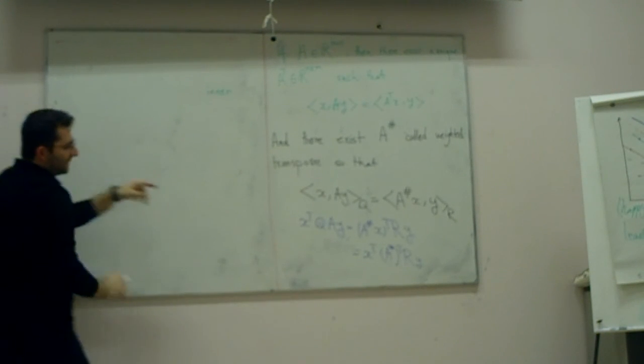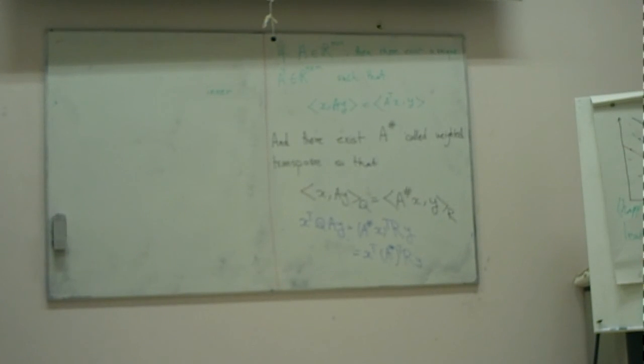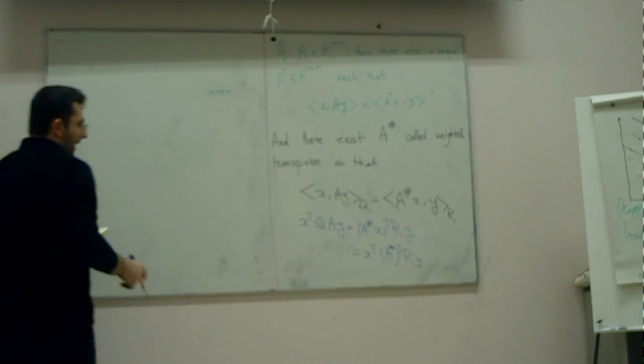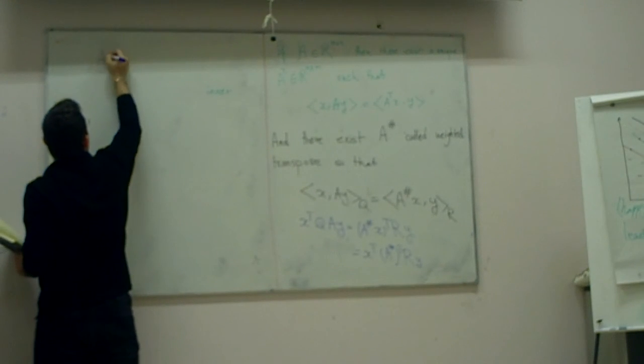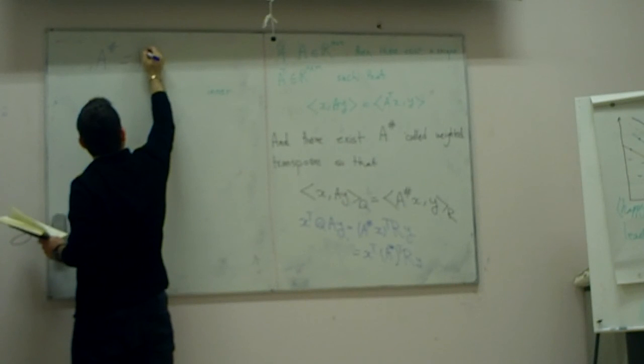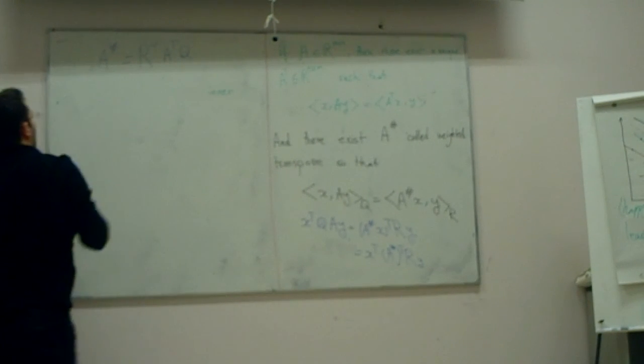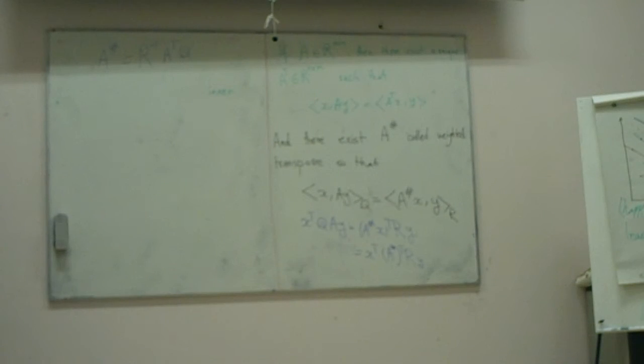So by comparison, we understand what should be the A hash will be R inverse A transpose Q.